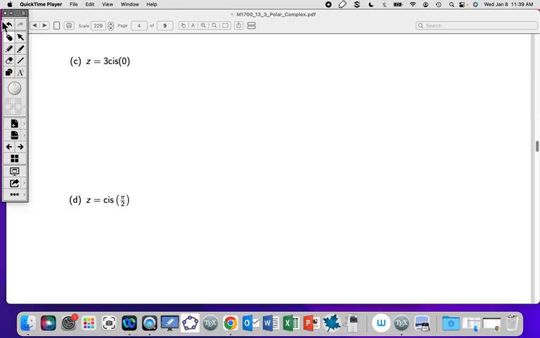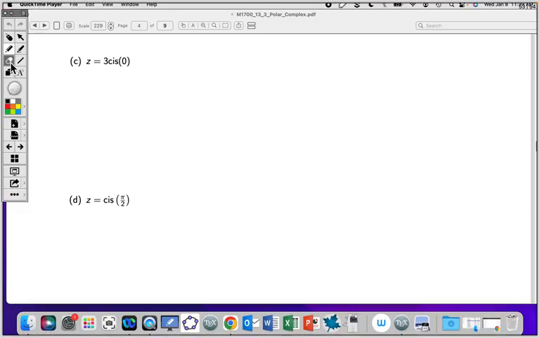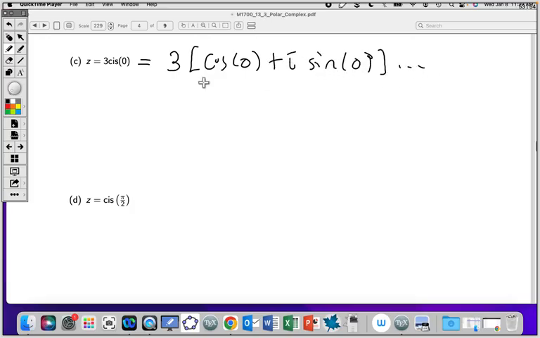Now for part C, 3 cis 0, you're welcome to write this out: 3 times cosine of 0 plus i times the sine of 0. But in this particular case, this is a quadrantal angle. If I think about what's happening here, the r is 3 and the theta is 0.